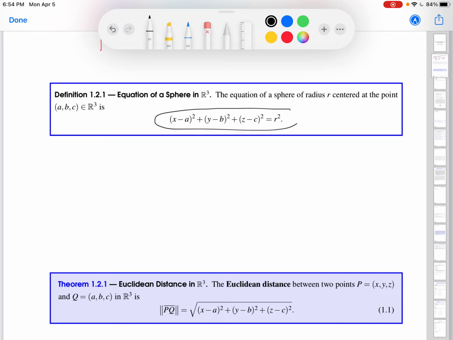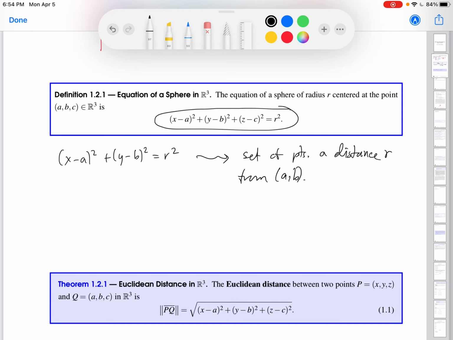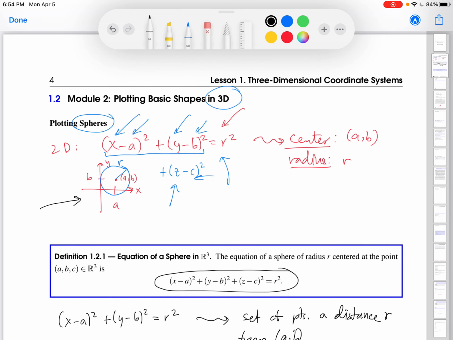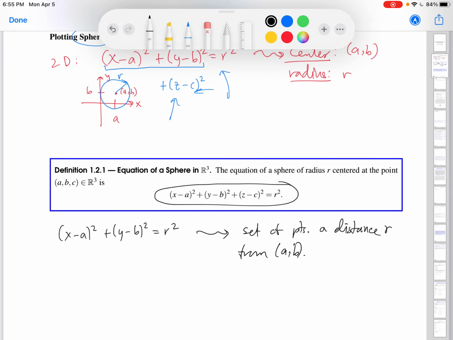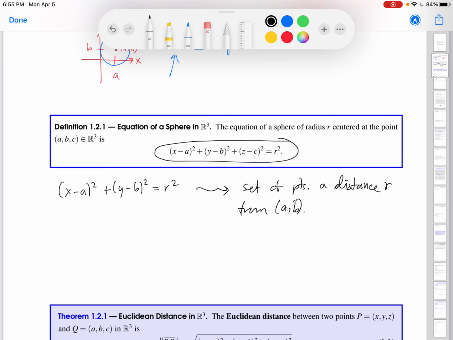So if we look at this equation for the sphere, and again go back to the equation for a circle, this is the set of points a distance r from a, b, right? That's exactly what this picture says. That's how we think of a circle. All the points that are the same distance from another point, and we call that common distance the radius of the circle.